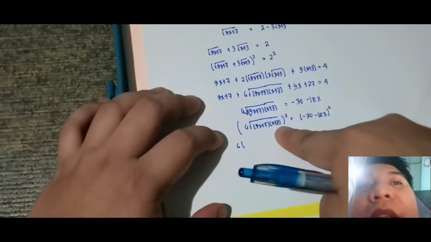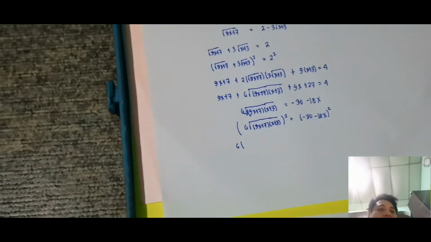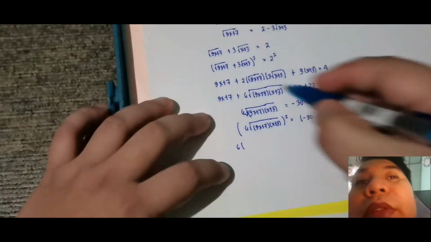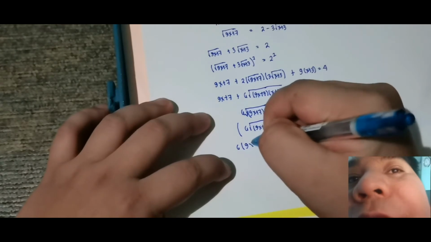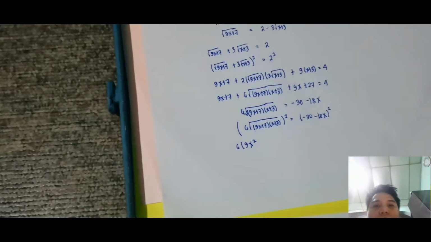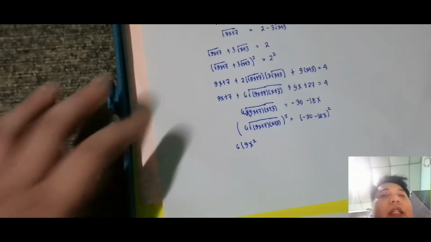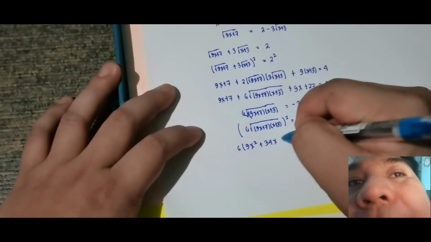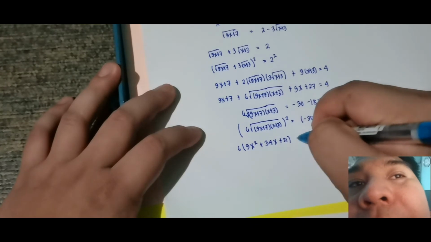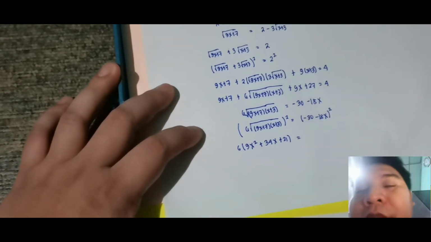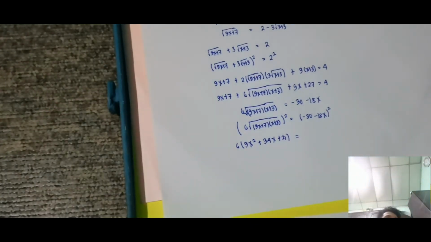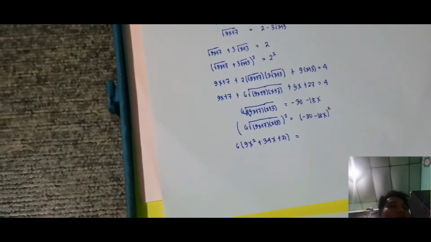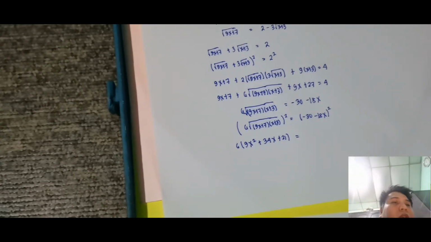Tapos simplify ko na to, yung 9x plus 7 saka x plus 3. So that is 9x squared, then 27 saka 7, 34x plus 21 equals, pag square natin, negative 30 minus 18x raised sa 2.